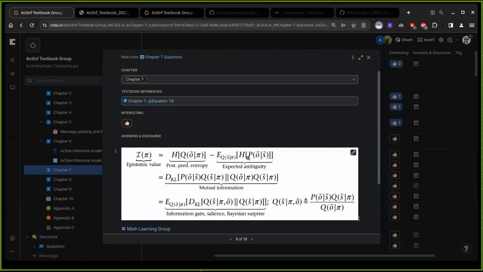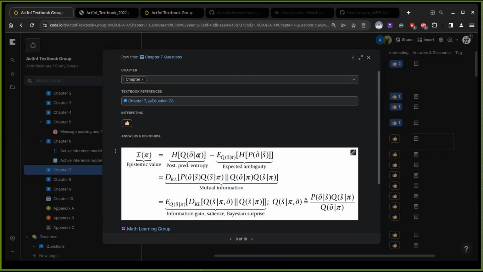Okay, I won't go verbatim, but the epistemic value. So we're just looking at the epistemic aspect of the equation 2.6 expected free energy. H is an entropy, so it's describing how blurry or peaked a distribution is. And this is about the observation distribution through time, tilde, conditioned on action.